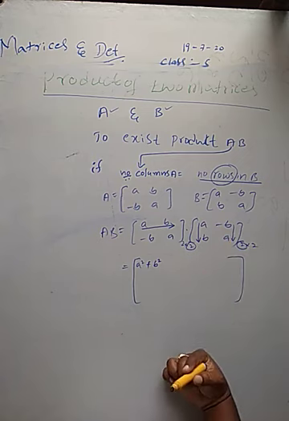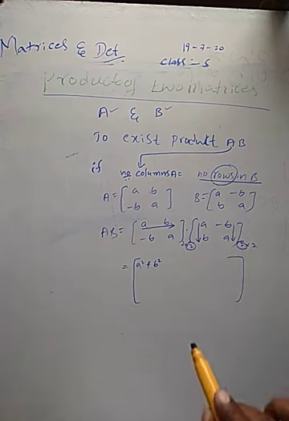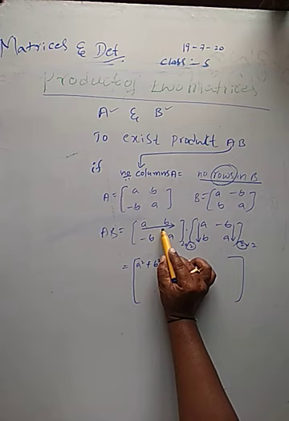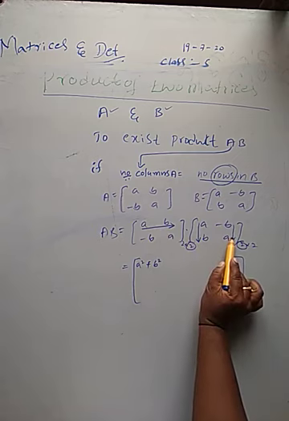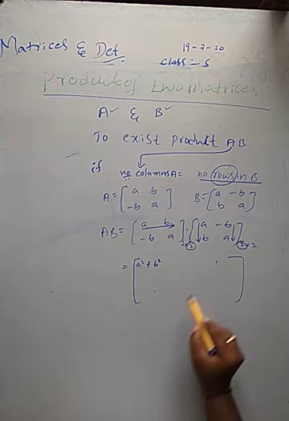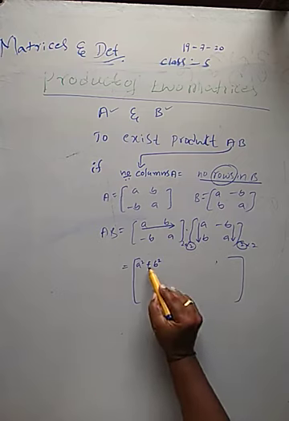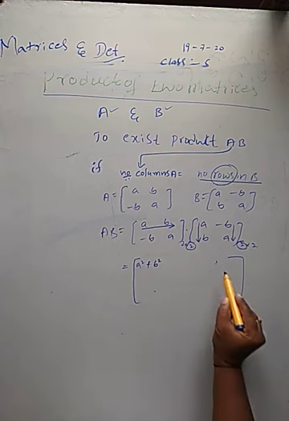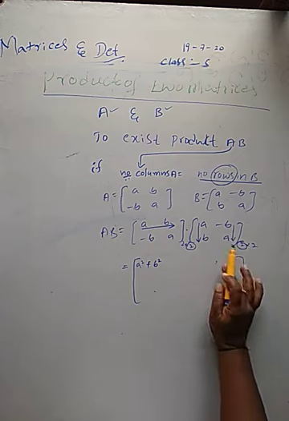Second column. Then the answer goes to which place? Here or here? Please tell me. Which row? First row. Which column? Second column. First row, second column, here. This is the first column, hence we have to write the answer here. Yes.